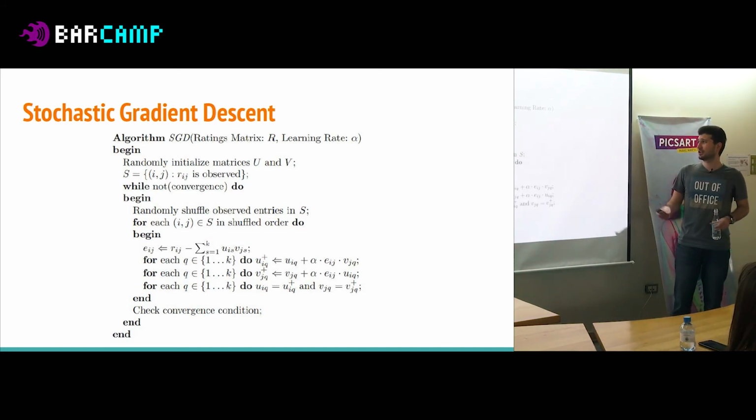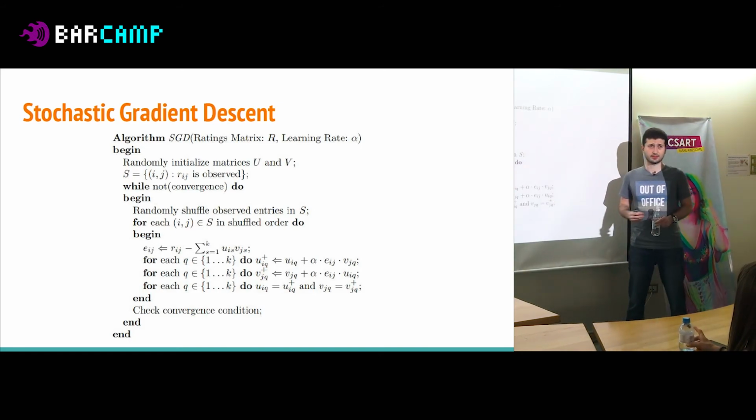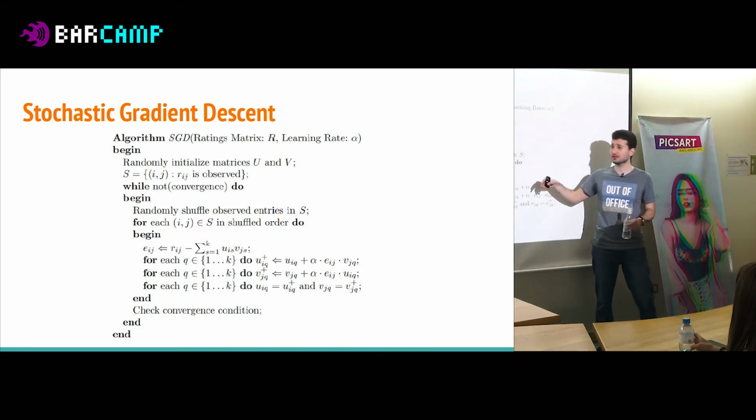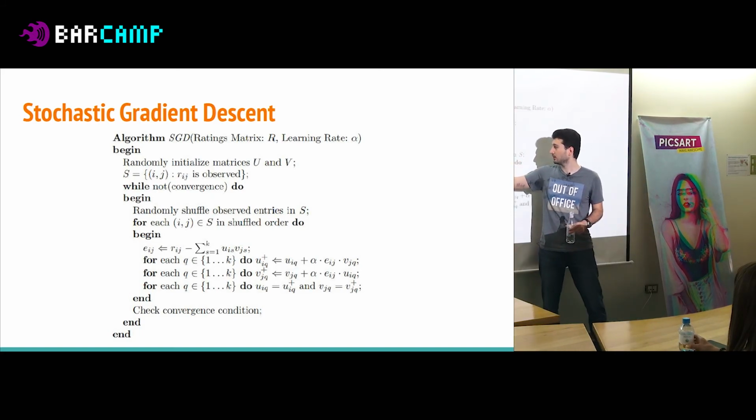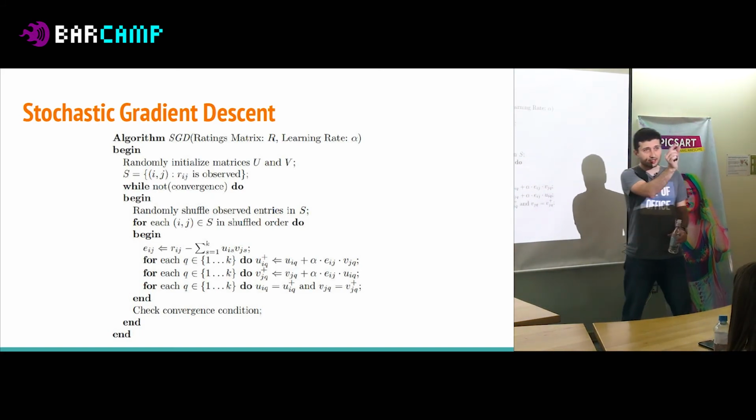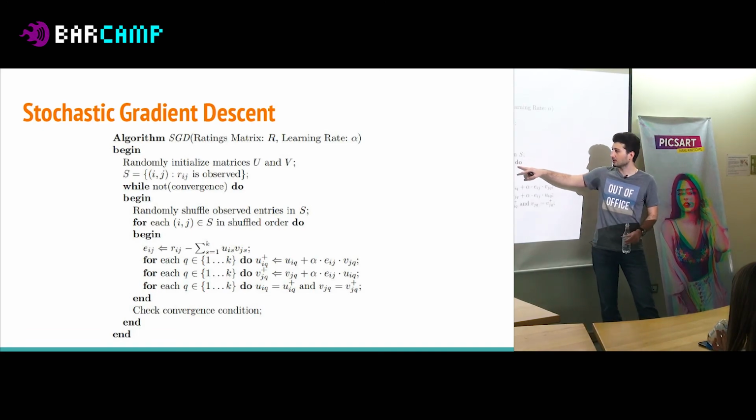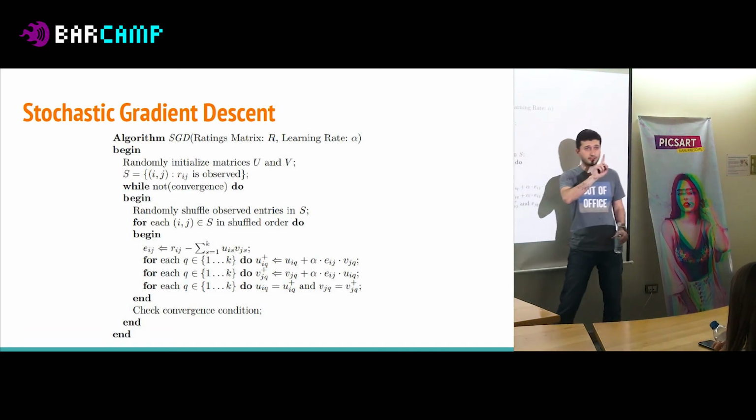That is why we can use stochastic gradient descent, again a very famous algorithm. The only difference here is that we randomly shuffle our observed entries, select one, and calculate the loss only on this entry.